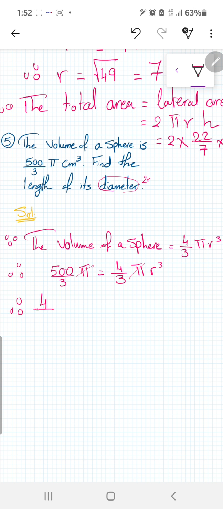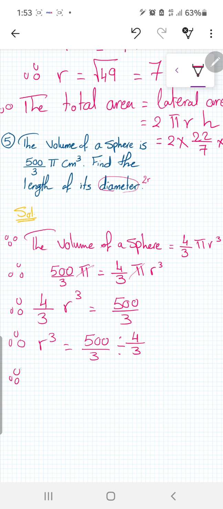So 4/3 r cubed equals 500/3. We want to get r cubed, so move 4/3 to the other side by division. So r cubed equals 500/3 divided by 4/3. And therefore r cubed equals, using your calculator, the result will be 125.